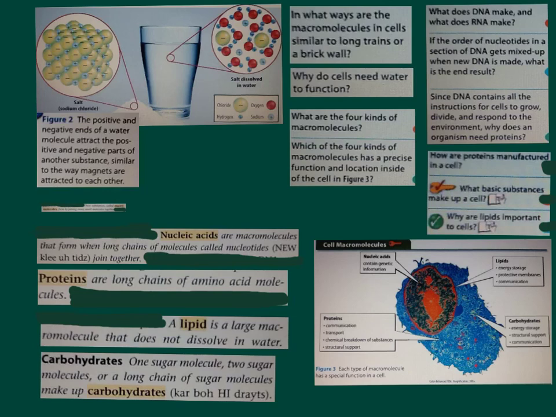The other one I would like for you to write down would be this one. Why do cells need water to function? Both of those questions need to be answered by you at this time. So again, go ahead and pause this. And then once you're done writing your questions and answers in your science journal, go ahead and start it back up and we'll continue with the lesson.